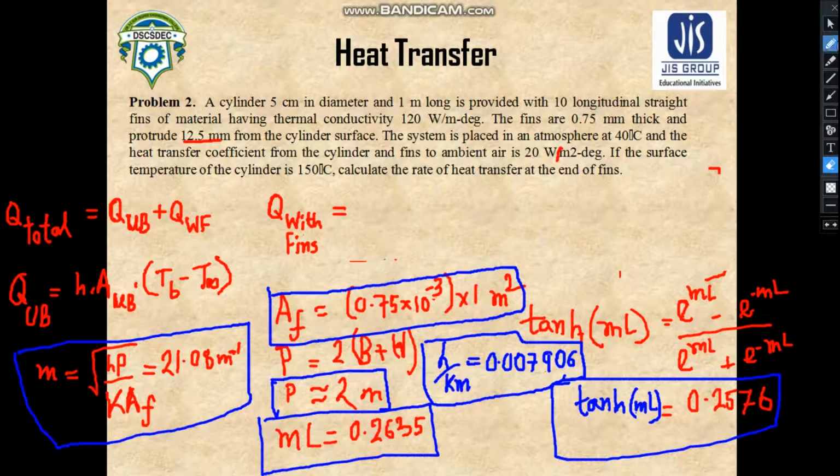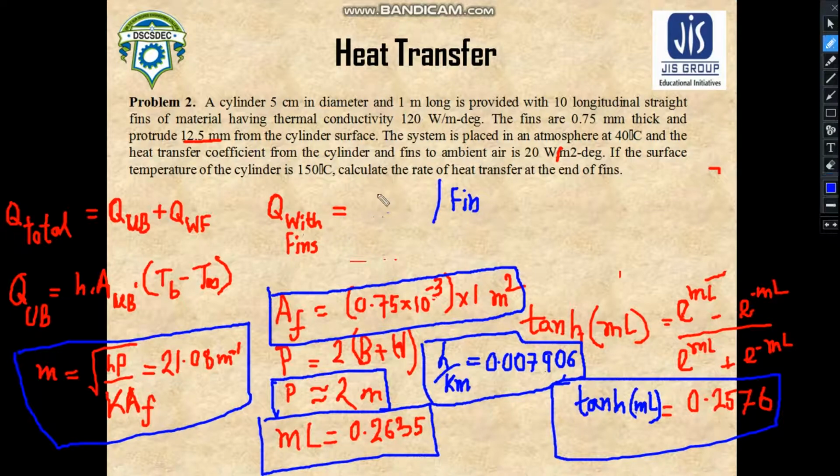So it becomes 55.29 per fin. So we have 10 fins. For the 10 fins, very simple, it would be 552.9, right? So it would be 552.9.